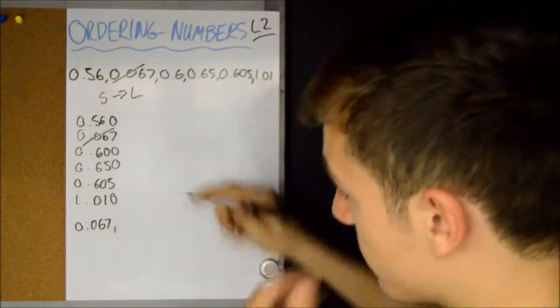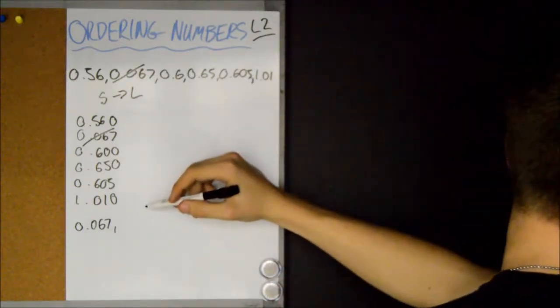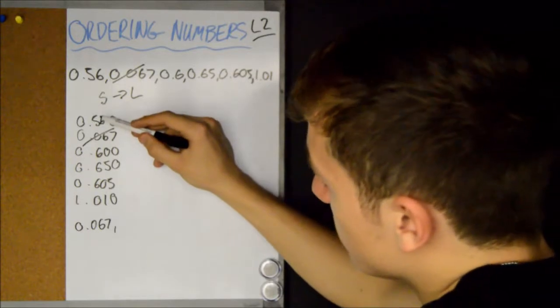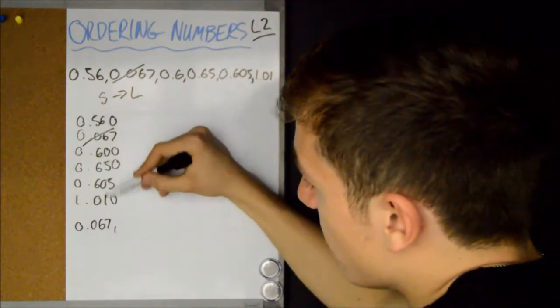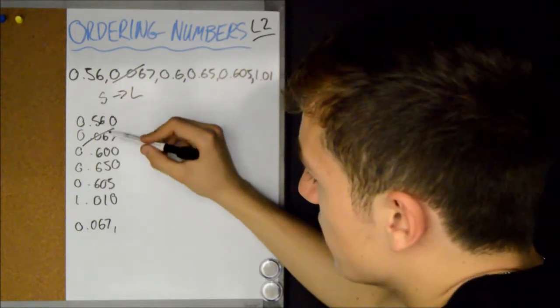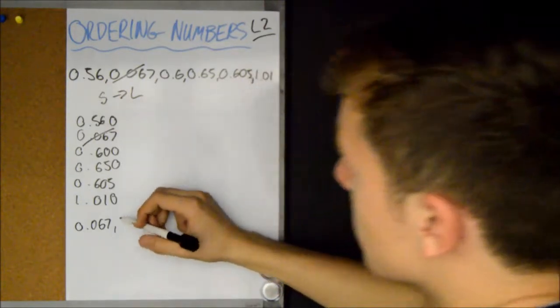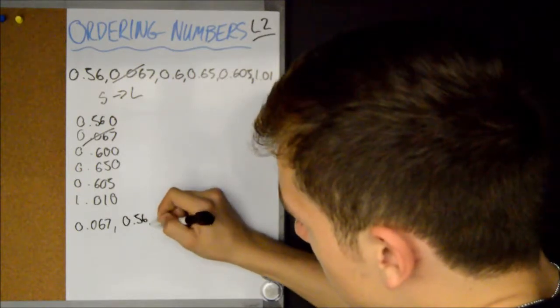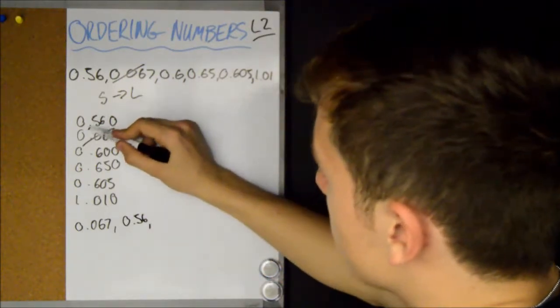And now we look for the next smallest number, which we would go along the same column again. So we have 5 and 6's, so 5 comes before the 6, so it must be 0.65. We can cross that one out now.